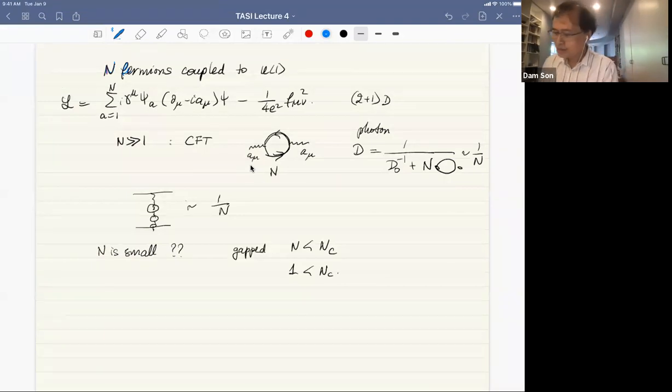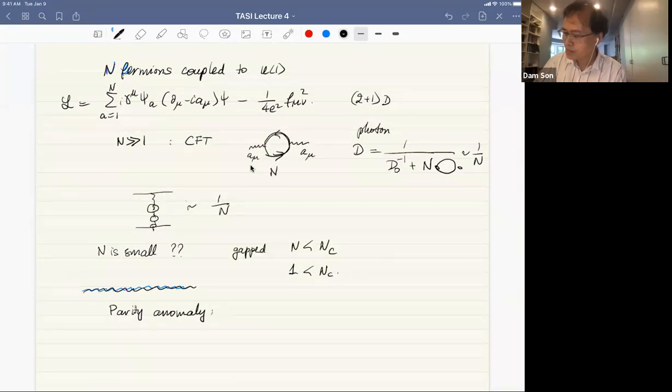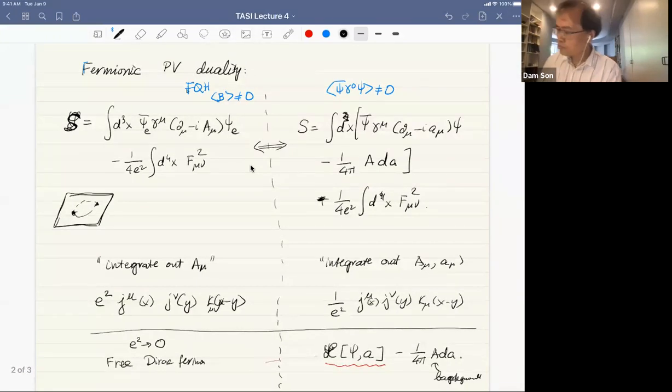Now, another thing that makes this statement a bit strange is something called the parity anomaly. I hope to clarify the issue later in the talk.